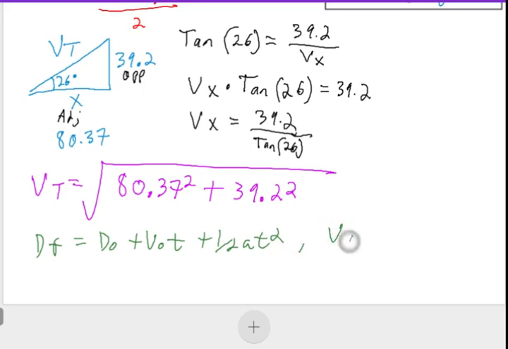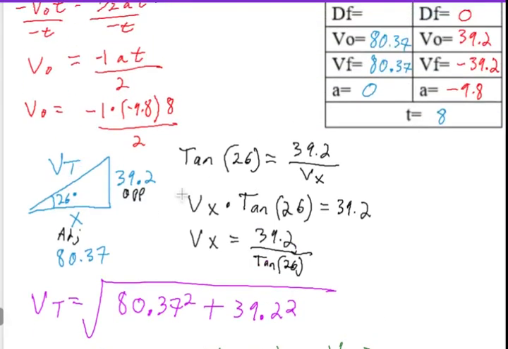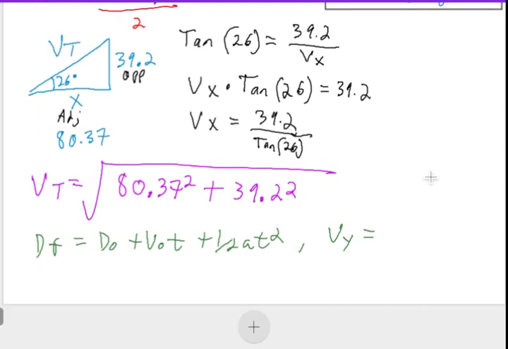Again, the v is my y, and vy we said, let's just double check, is 39.2. And then time, well, this is the time at the apex, so it's only 4 seconds.